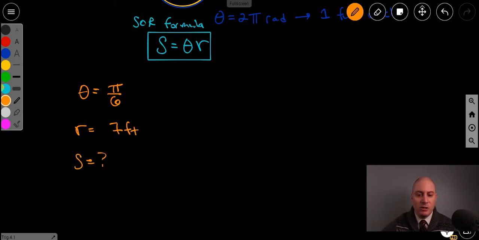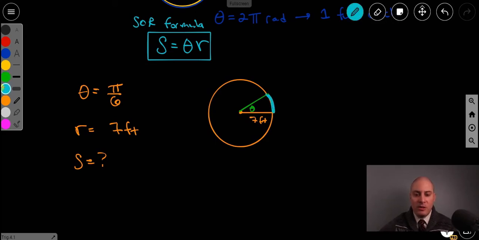You imagine this. Sketching things out in trigonometry helps a lot. If you have a circle with a radius of 7 feet, and pi over 6 is the angle, let's say right here, what is this arc length? Well, it's pretty simple. We just use the formula.